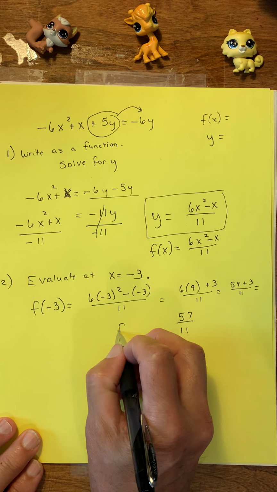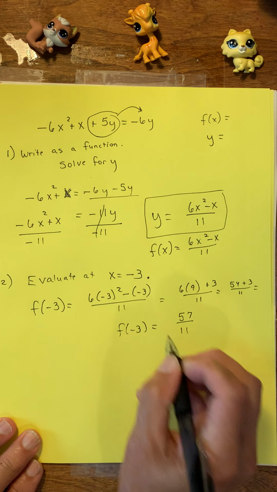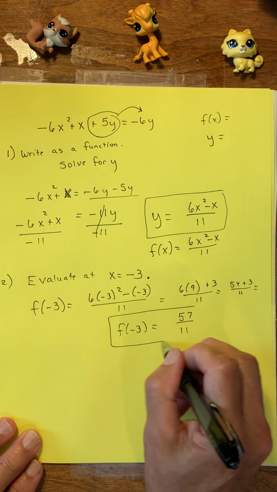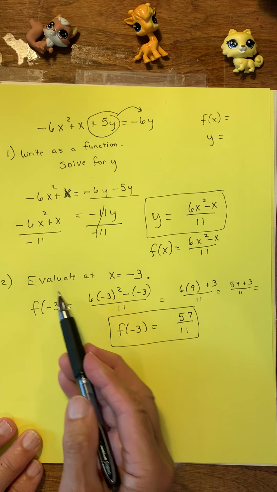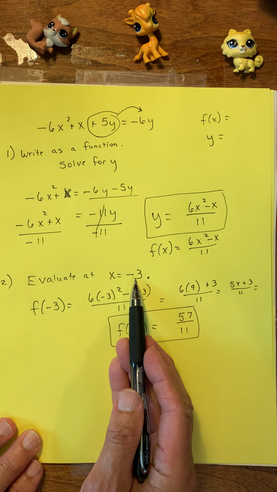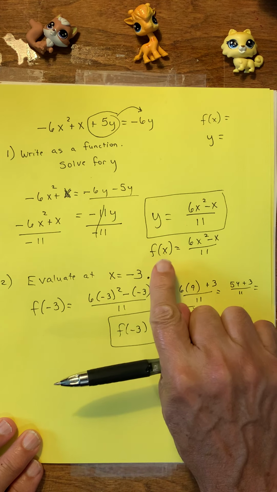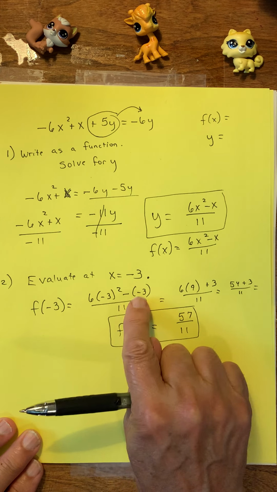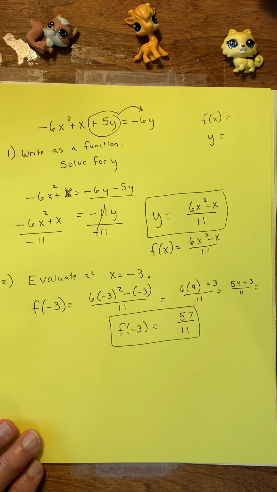So f of -3 is 57 over 11. Again, evaluate at a particular value. Everywhere you have an x, you put -3 and evaluate.